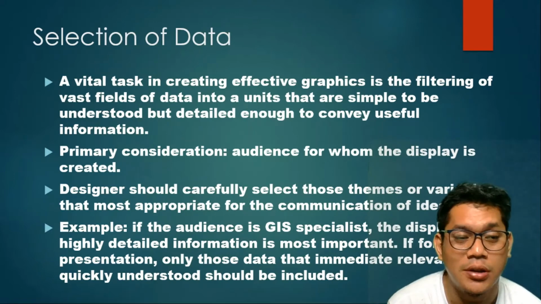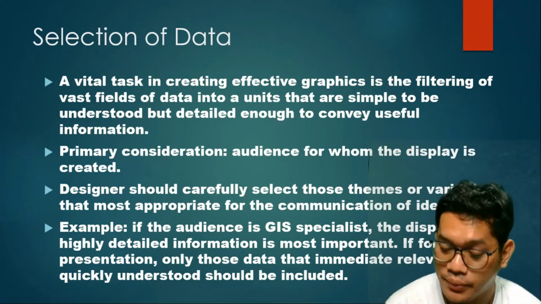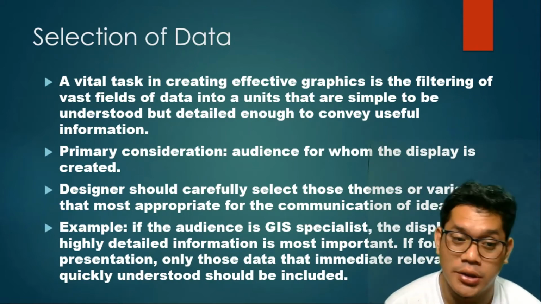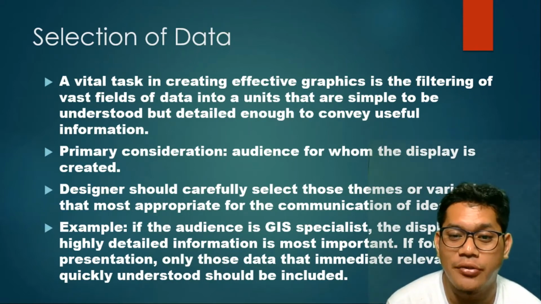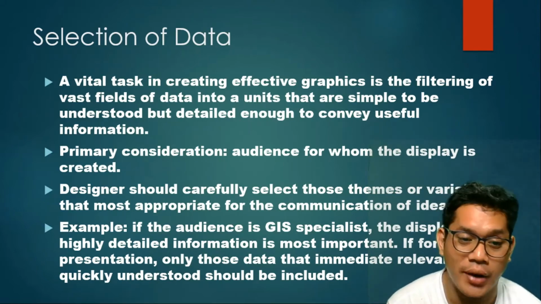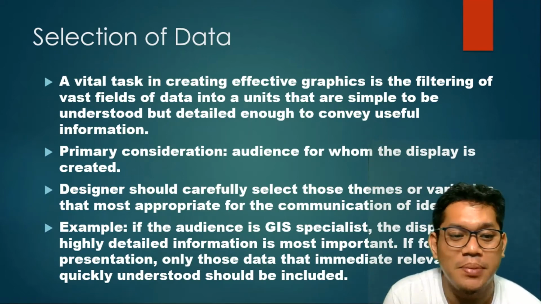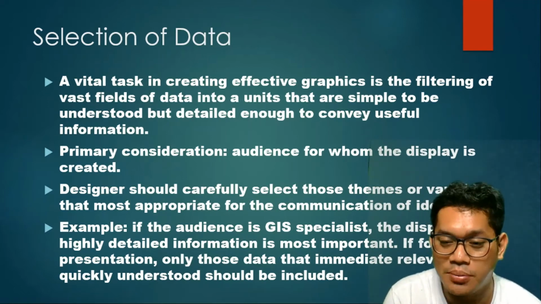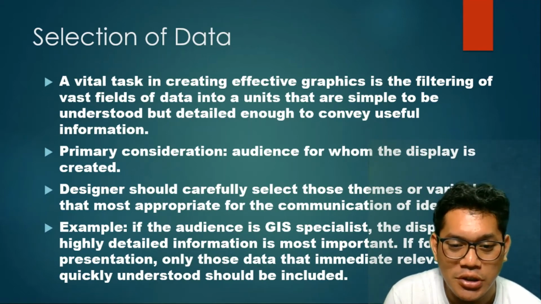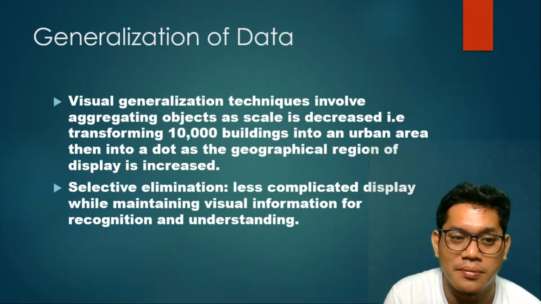We go back to the first rule of the map: who is your audience? So the designer should carefully select those themes or variables that are most appropriate for the communication of ideas. For example, if the audience is a GIS specialist, the display of highly detailed information is more important. For public presentations, only data that is immediately relevant and clearly understood should be included.